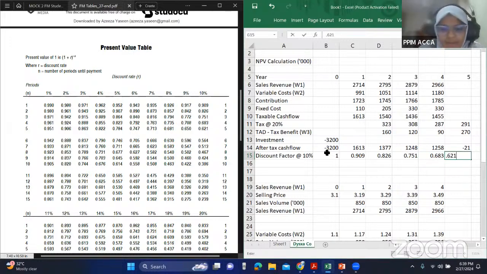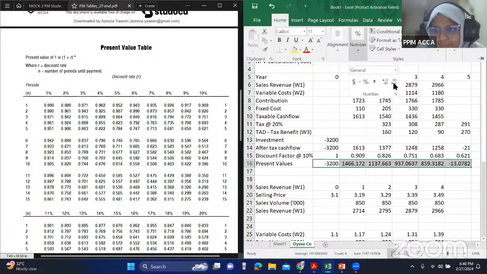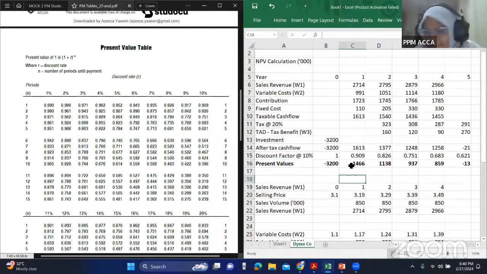Now you can get the present values. So this will be this figure multiplied by the discount rate. The same thing you can get for all the years. Let's again make it whole numbers to make life easier for us. So you will have the present values, which is minus 3,200, 1,466, 1,138, 937, 859, and minus 13.